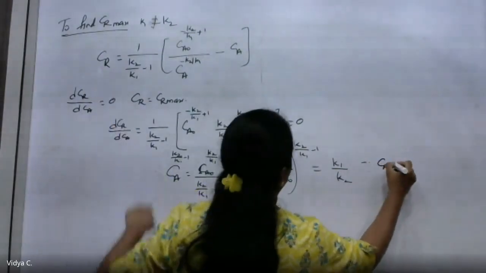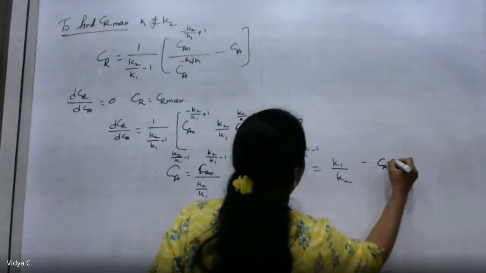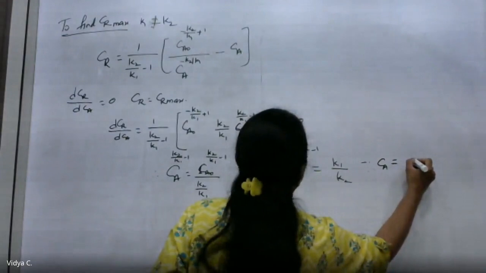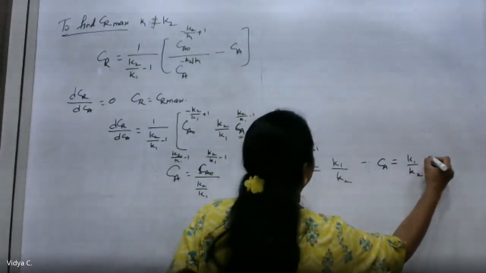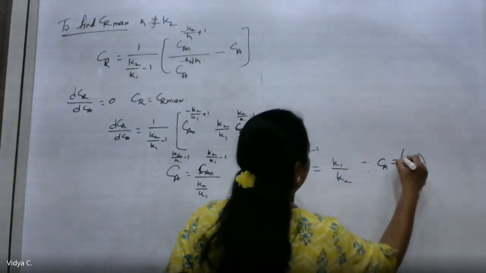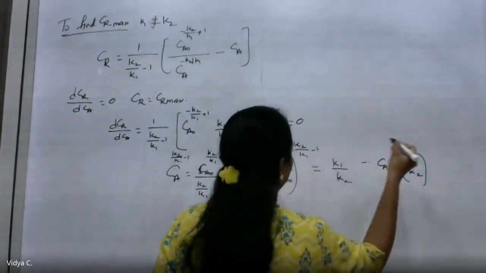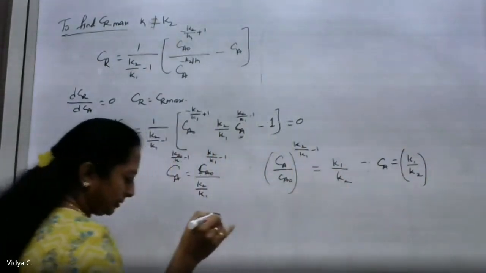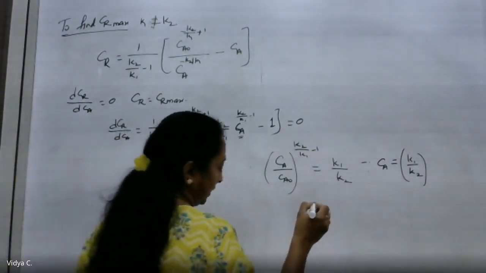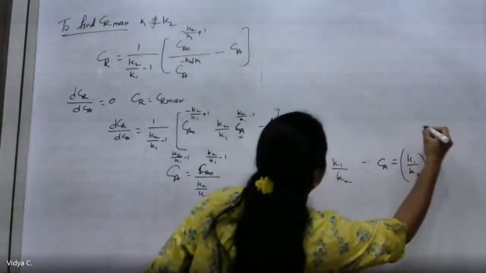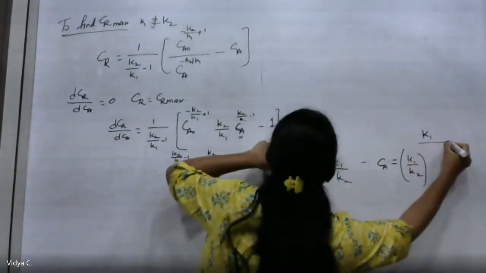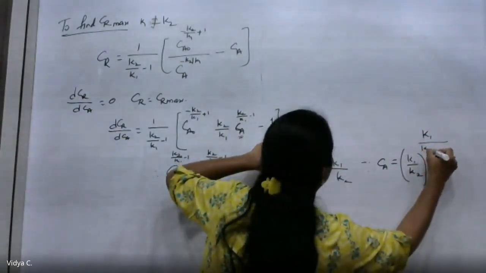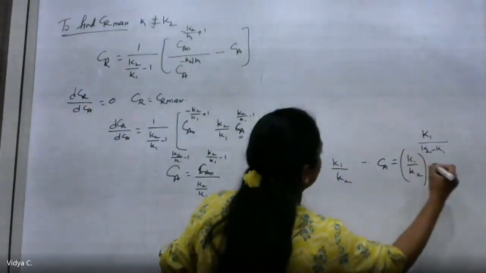Therefore, CA will be equal to K1 by K2 into (K1 by K2) to the power of 1 by (K1 by K2 minus K1), where I am taking this to the right-hand side, times CA naught.